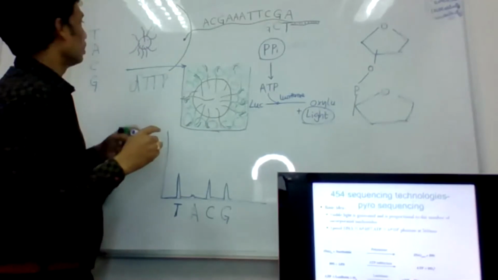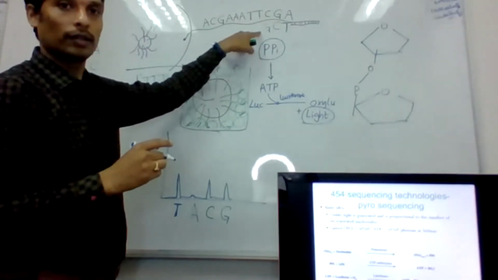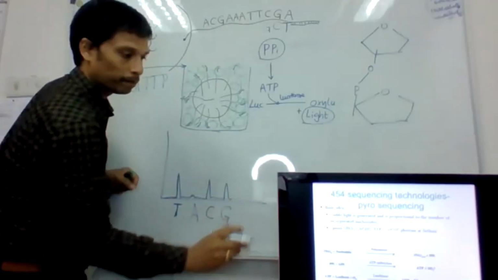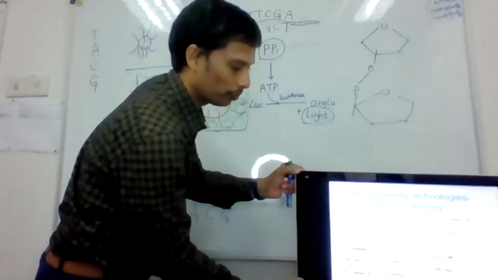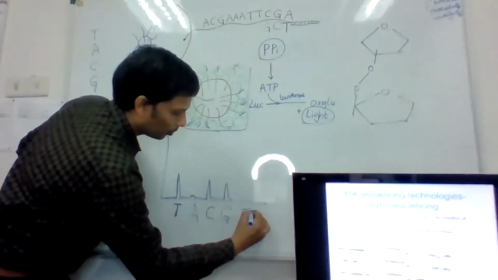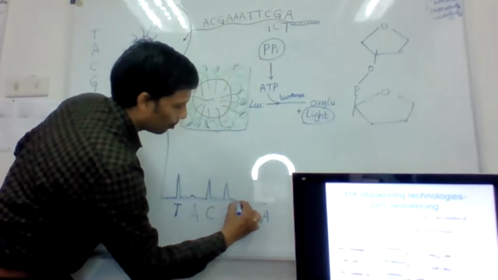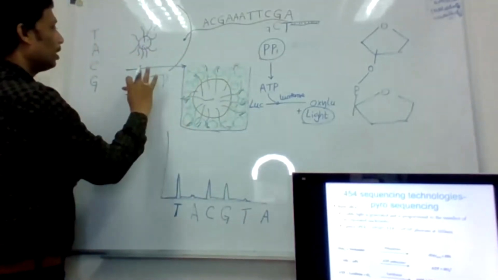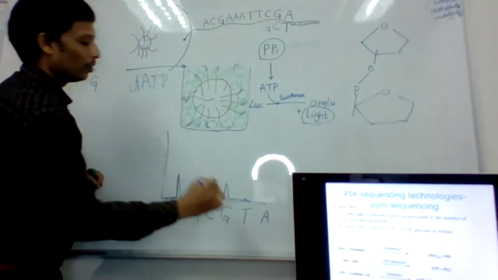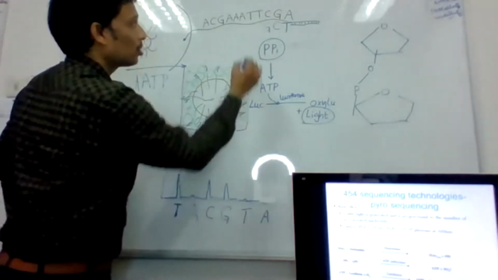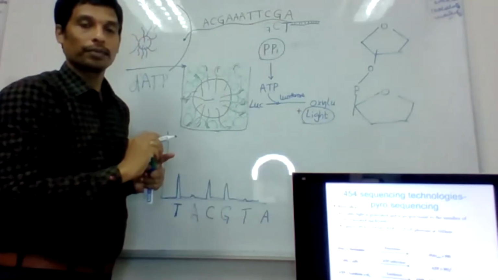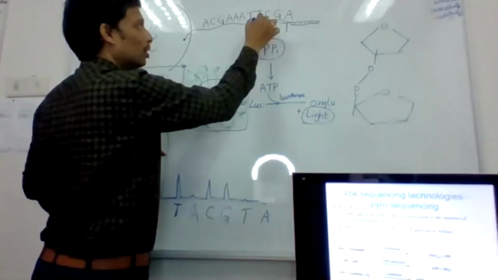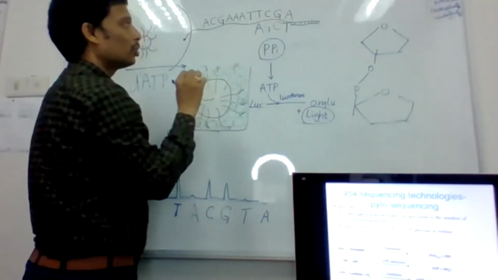So what happens? Will T be added here or not? It will not be added. So nothing. T will not be added. Then A. When you add A, what happens? Will it be added or not? Yes. There is no control here.